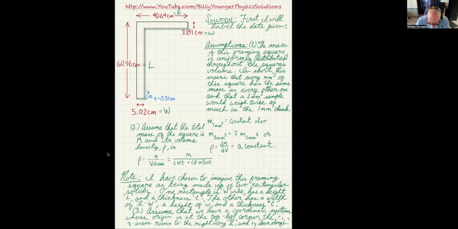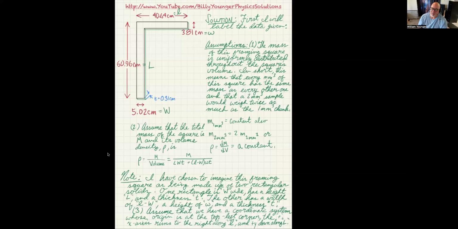So that's what I said in the solution. Assumptions. The mass of this framing square is uniformly distributed throughout the square's volume. In short, this means that every cubic millimeter of the square has the same mass as every other one, and that a 2 cubic millimeter sample would weigh twice as much as a 1 cubic millimeter chunk.